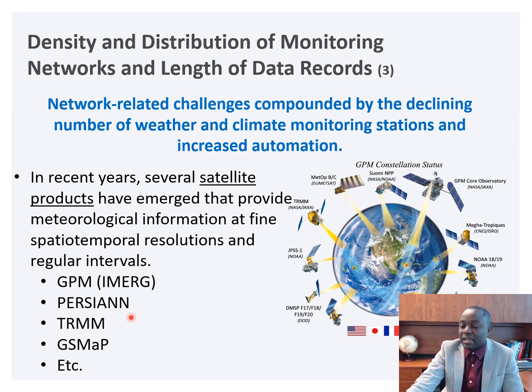These are all satellite-based data sets which provide gridded, consistent data sets across many regions. The region of coverage varies. For example, TRMM covers the tropics only, while the GPM covers mostly regions between 60 degrees south to 60 degrees north.